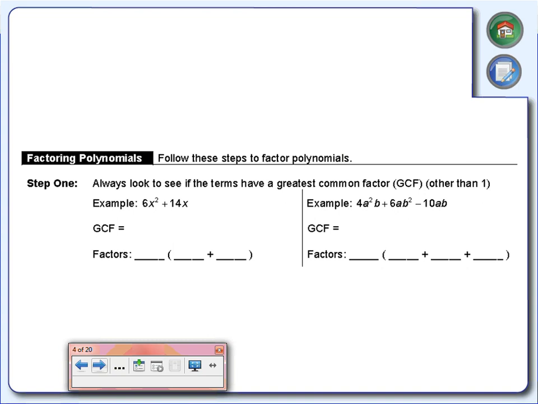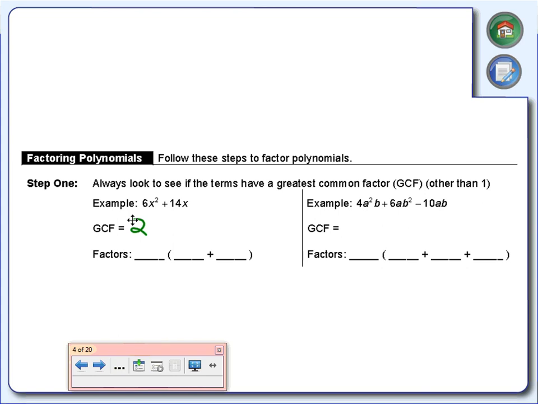We're going to start with the coefficients, the 6 and the 14. What I want to know is what is the greatest common factor? In other words, what's the biggest thing I can divide a 6 and a 14 by? What goes into 6 and 14? 2. There you go, you're right. 2 will go into 6, and 2 will also go into 14 evenly. Matter of fact, it's the biggest thing that will go into 6 and 14.